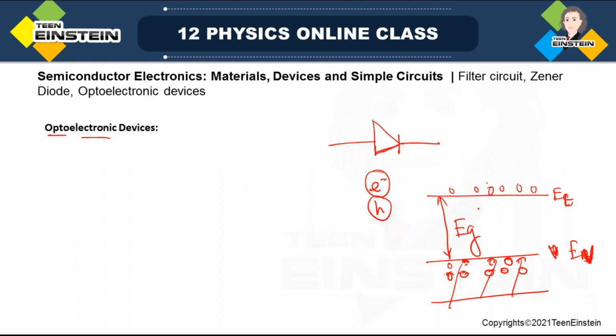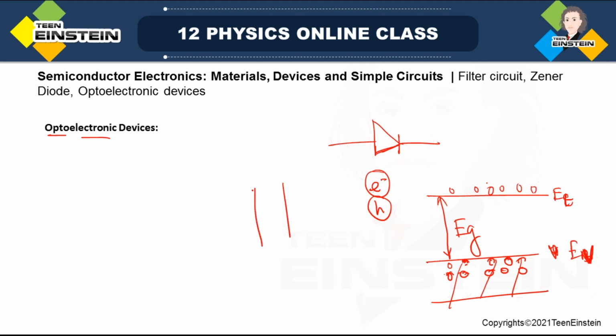So this is the creation of charge carriers, holes and electrons, the creation of an electron-hole pair.